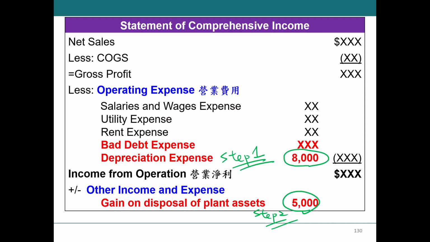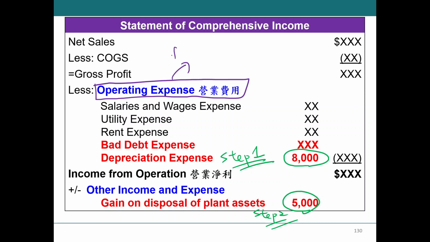And also here, one thing I want to tell you. Before, we mentioned operating expenses. What do we use that for? Operating activity, right? Any kind of expenses for operating activities, we put into this section, operating expense.